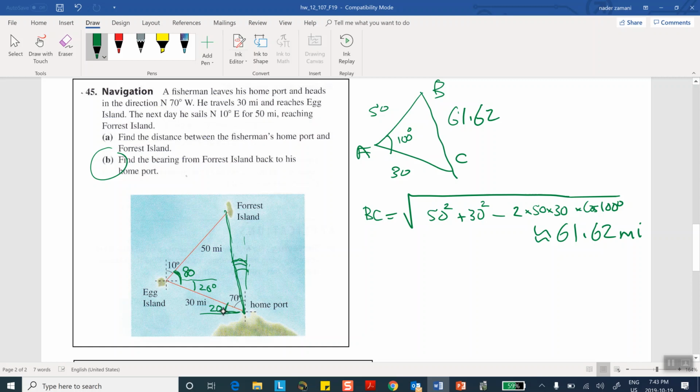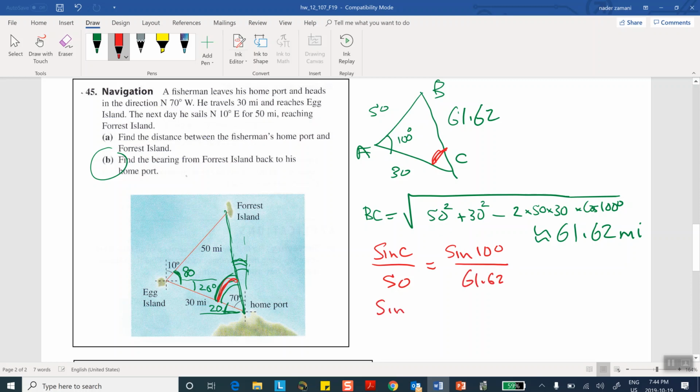This is 20. Okay, so that means that we need this angle, this red angle. See that? We have to use the law of sines, and then we subtract it from 70 to get the little angle that we want to find. So we have sine of c over 50 equal to, for example, sine of 100 over 61.62.